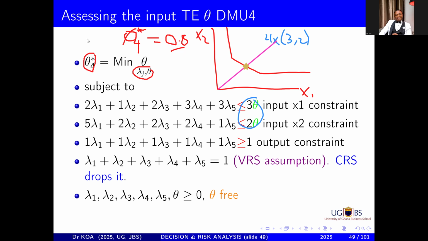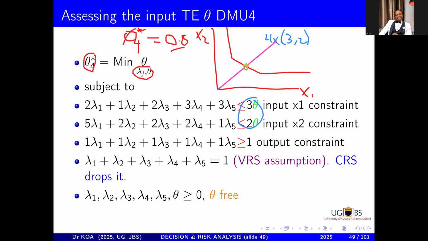So the question becomes, what is exactly going to help us to be able to do that? What do you think is going to help us to cut down the input x1, which is 3, and the input x2, which is 2, down to the frontier level?